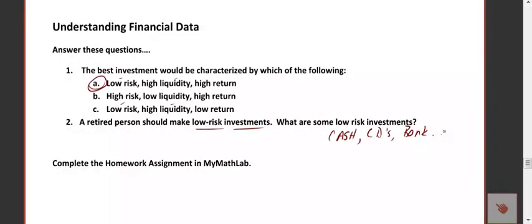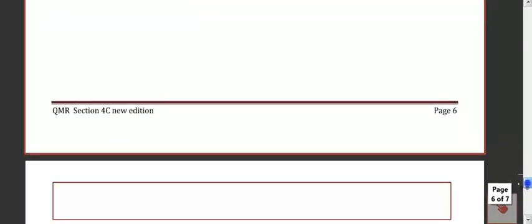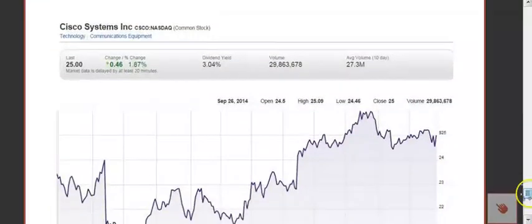Now you can go to my math lab and work on the homework for section 4C. You're also going to have a chapter 4 applications work that's going to look something like what I have here. I'm going to give you a stock market quote.